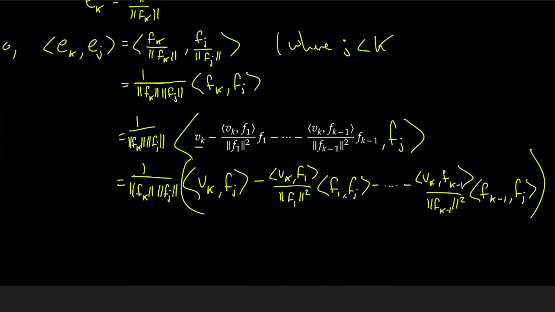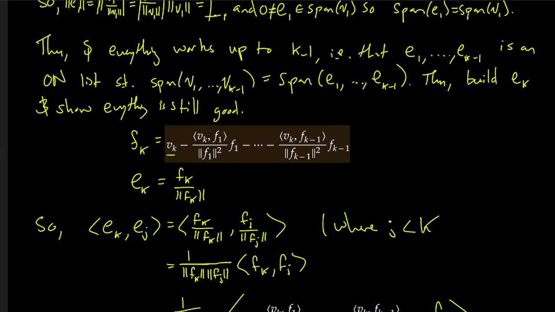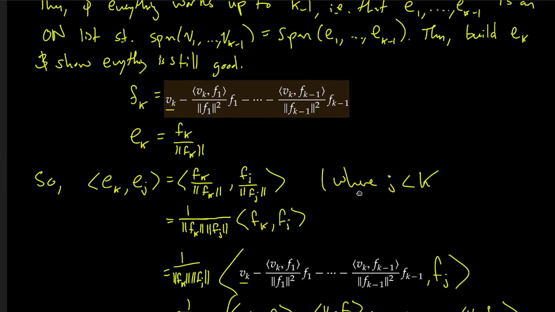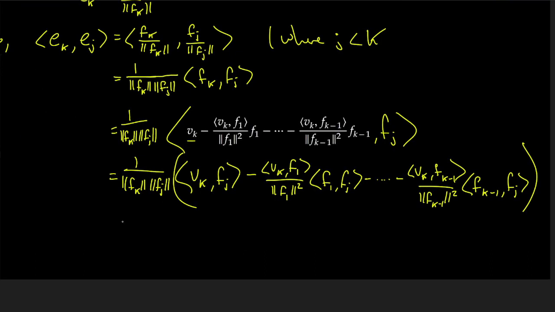Notice most of these inner products will go away. Why? Because our E1 through EK minus 1 list is orthonormal. Certainly our F1 through FK minus 1 list is orthogonal. It's just not normalized. It's E1 through EK minus 1, but with each vector potentially stretched out a little bit. So all I end up getting right here is 1 over norm FK, norm FJ.